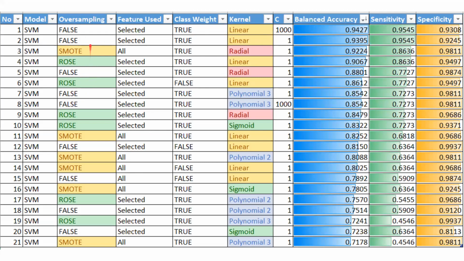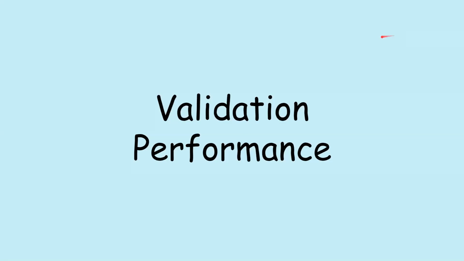Among the top 5 models, they have 3 or 4 of such, and here the only one is using all features. The class weight is all true generally, to help the model understand better. The top 5 itself are linear and also radial. The balanced accuracy is sensitivity plus specificity over 2, so please don't confuse it with the normal accuracy itself. Next will be the validation performance.